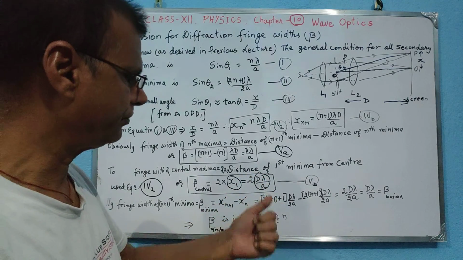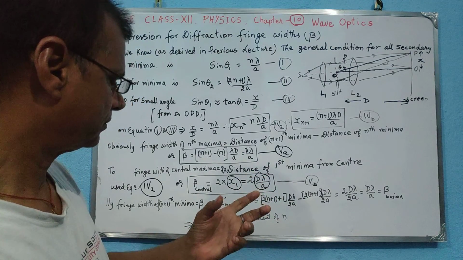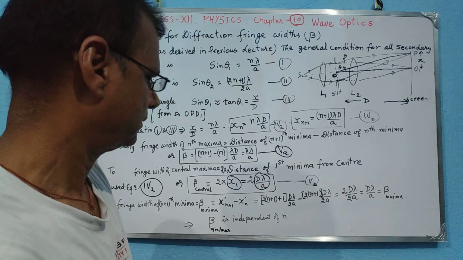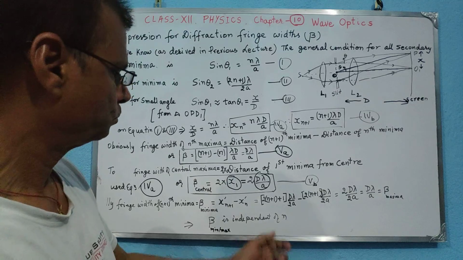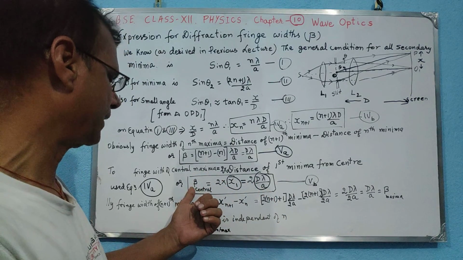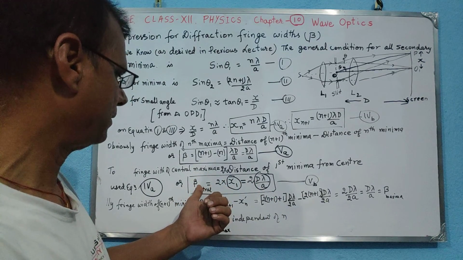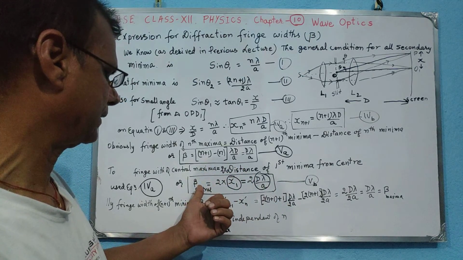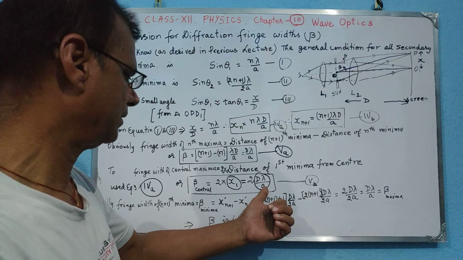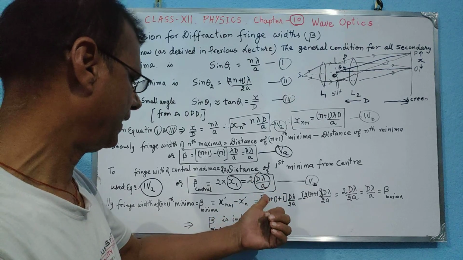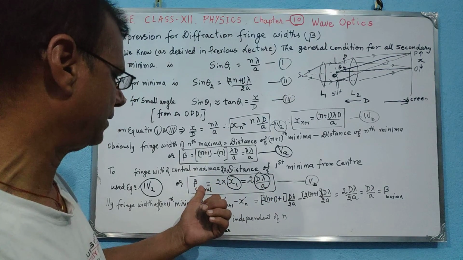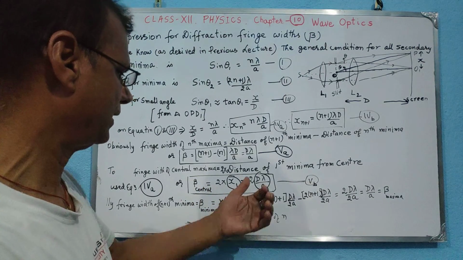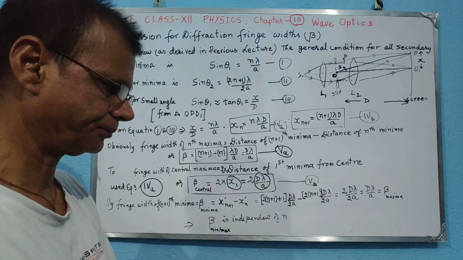So if the slit width is made wider, then the central maxima will become thinner, narrower, because they are inversely proportional.